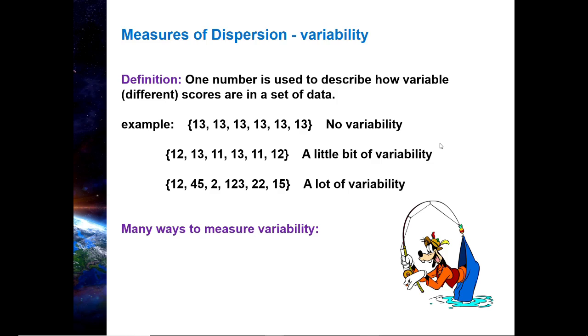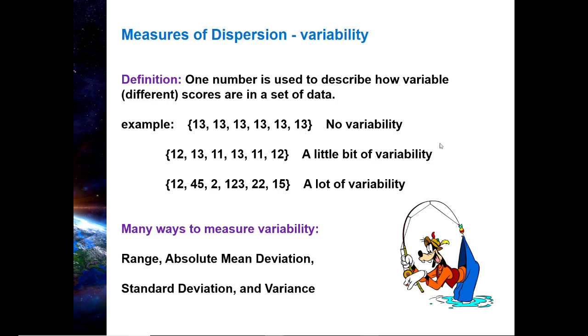Sometimes you have to learn what not to do to fully appreciate what you should be doing. So the 4 measures of variability we're going to cover are range, absolute mean deviation, standard deviation, and variance.